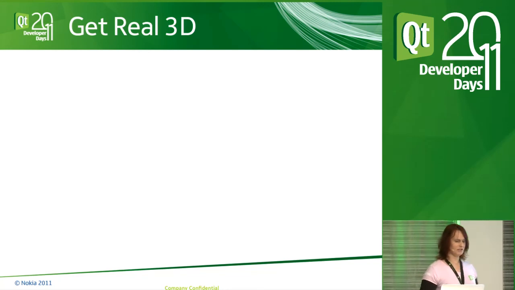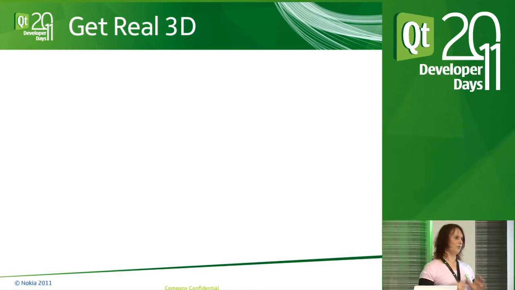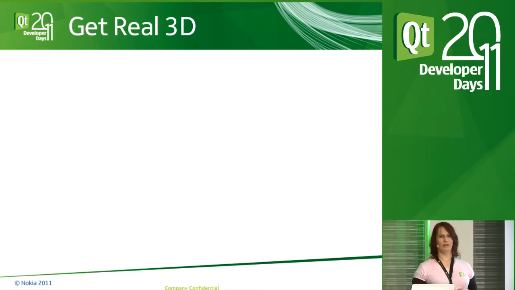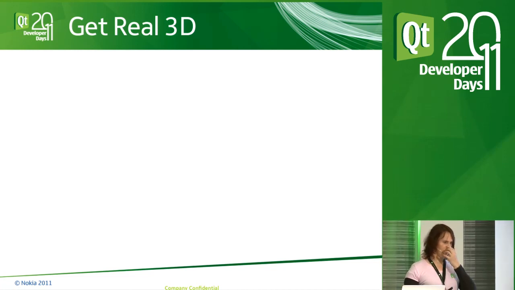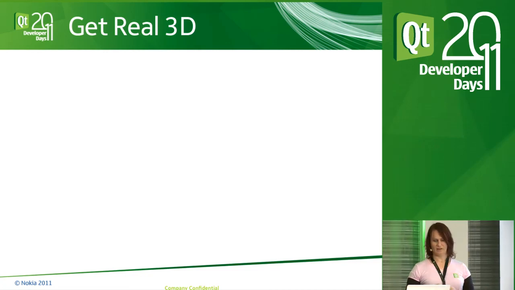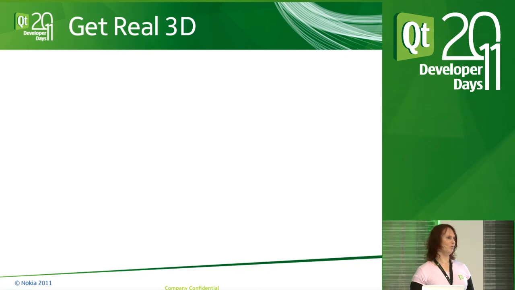I'm going to talk now just a little bit about some of the stuff that we've got working already with Qt 3D. As I say, up until probably the beginning of this year, we were a labs project, and we've now sort of tried to join the Qt Quick bandwagon. And we're trying to get a lot more functionality that Qt Quick designers and authors of apps would be excited about.